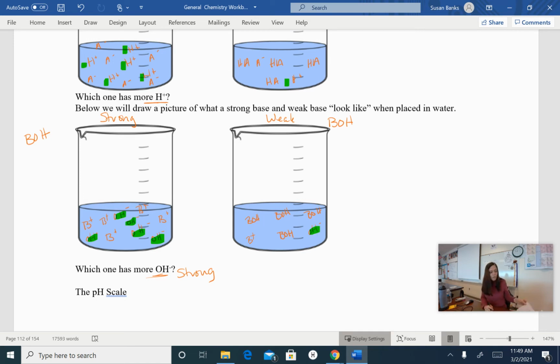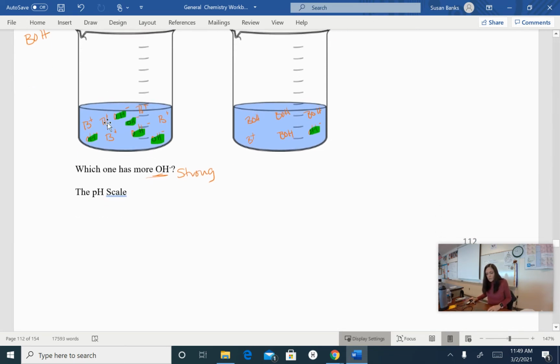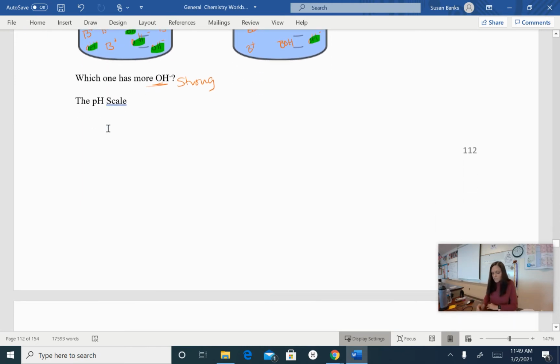Okay, let's go over the pH scale really quick. Now the pH scale is basically a logarithmic scale. And logs are, there's 2 types of logs. There's LOG, which is a log base 10.